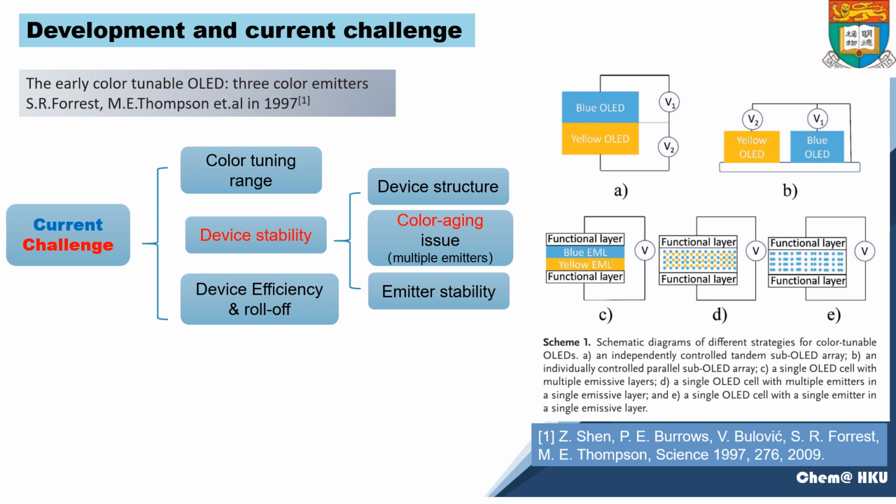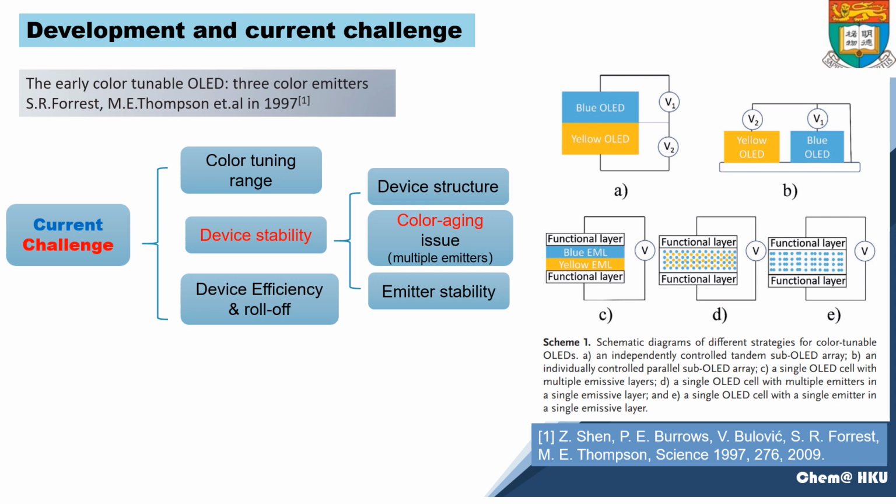And up to now, there are still some challenges for color-tunable OLED. The color tuning range should be wide, and the color-tunable OLED device efficiency should be high. And what is more, the device stability is not ideal now.